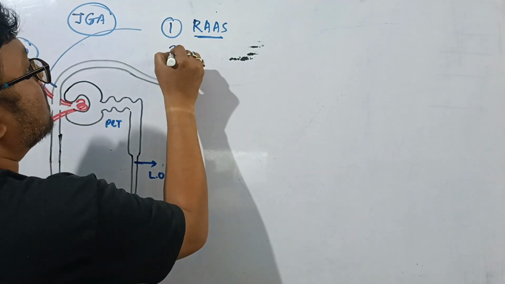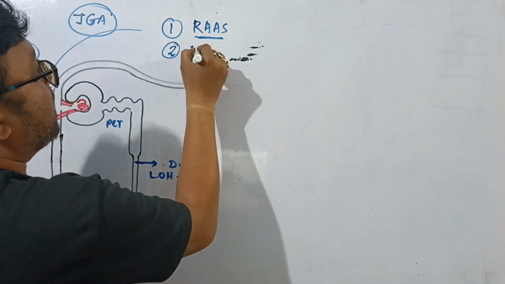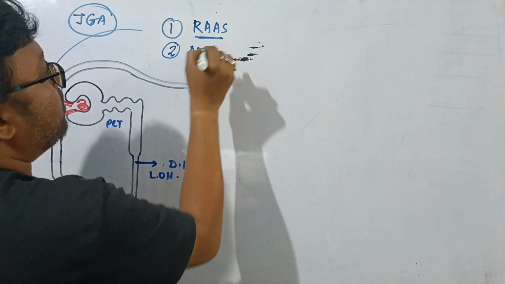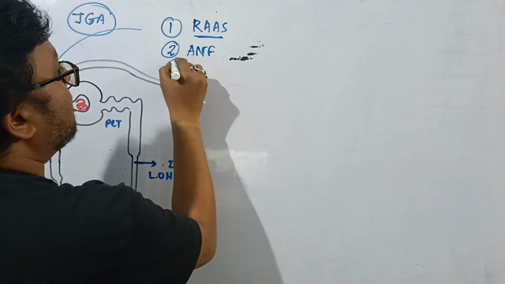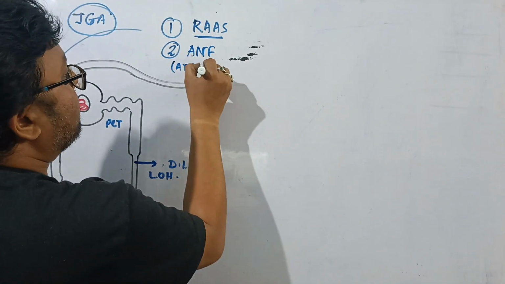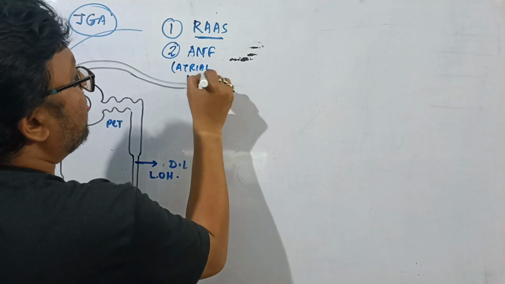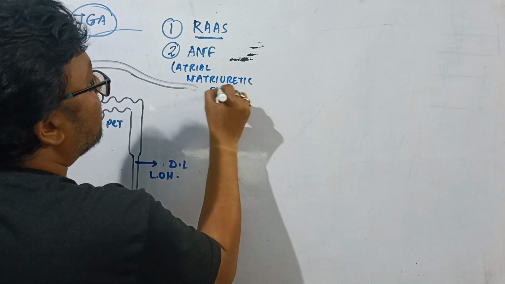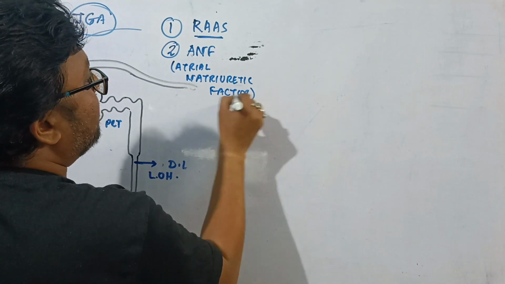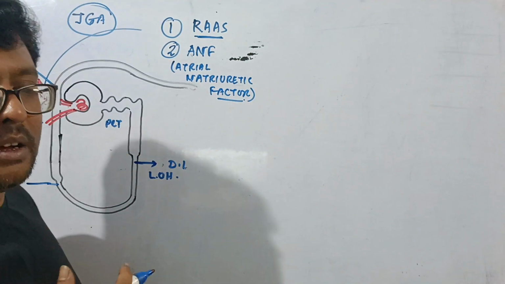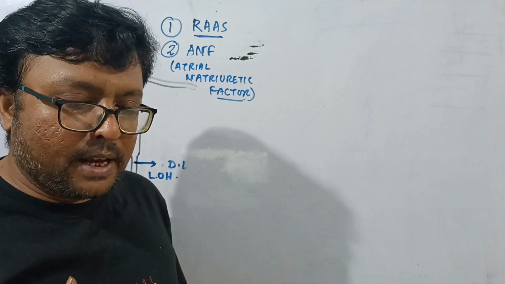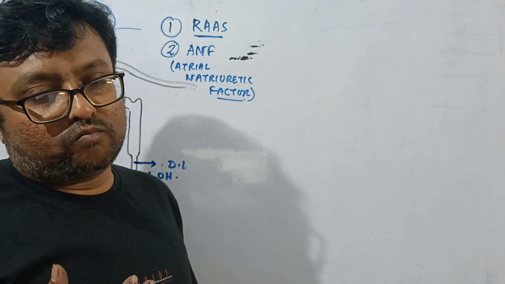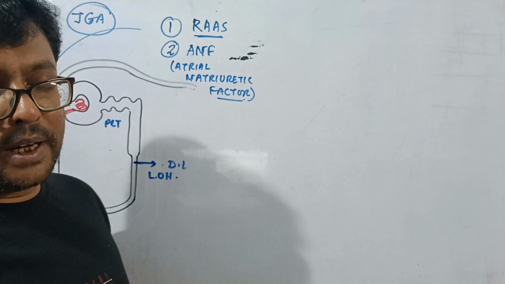Second is arterial natriuretic factor, ANF. I am writing it here, arterial natriuretic factor. This arterial natriuretic factor generally helps in maintaining or regulating the kidney function.